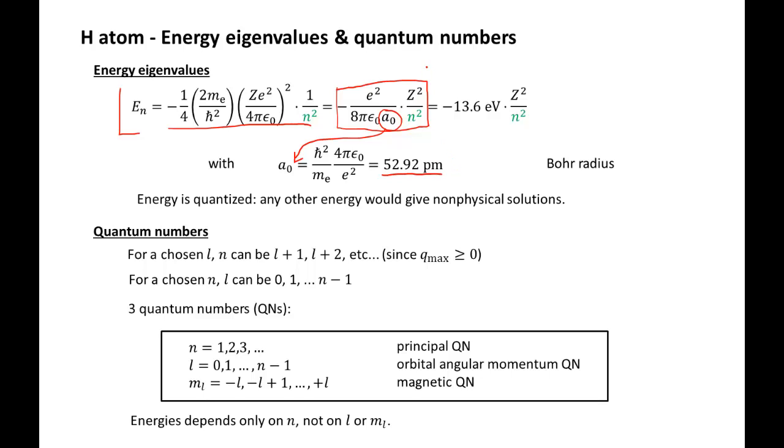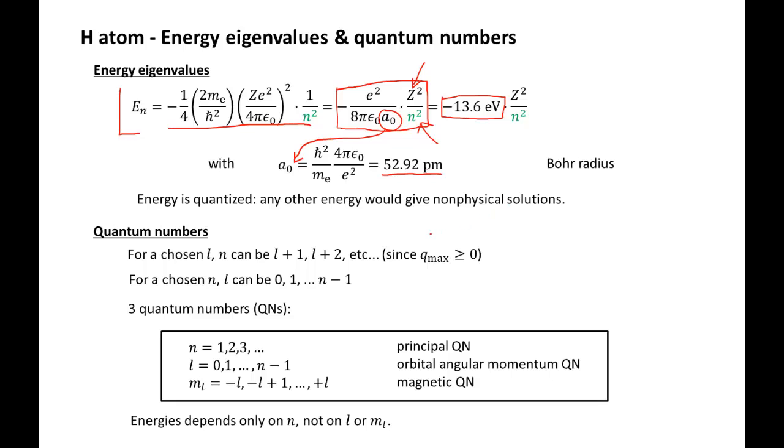This expression also still contains the nuclear charge Z squared and depends on this integer number n, which is a quantum number. If you plug in the values for these various fundamental constants, you end up with negative 13.6 eV times the nuclear charge squared divided by the quantum number n squared. We see that the energy is quantized, and any other energy would give non-physical wave functions.